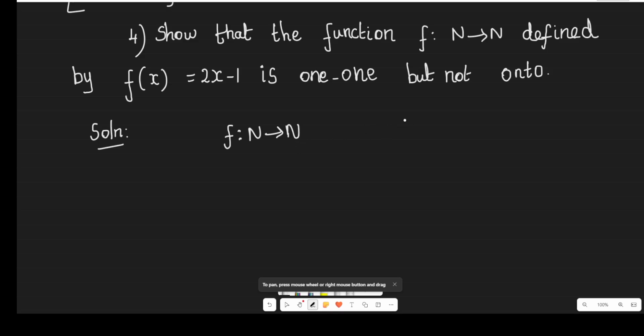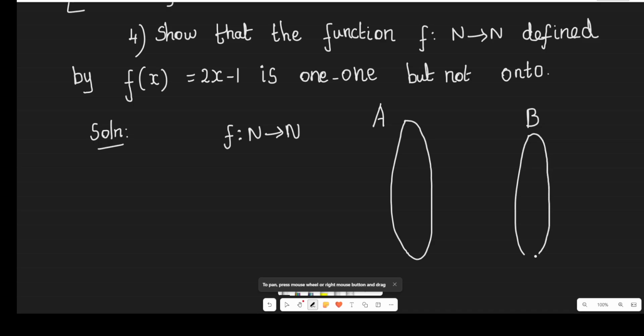So we can take the first set as A and the second set as B. In both A and B we have natural numbers.